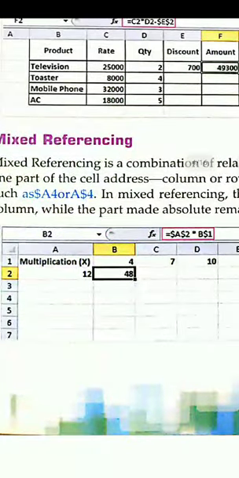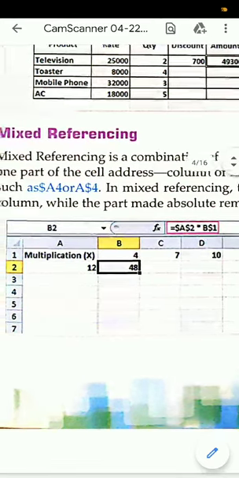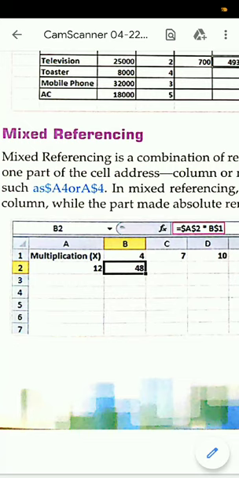Now look here. Is equal to $A2 into B$1. $A2 is the column-absolute part, and B$1 is the row-absolute part. $A2 means column A at row number 2.